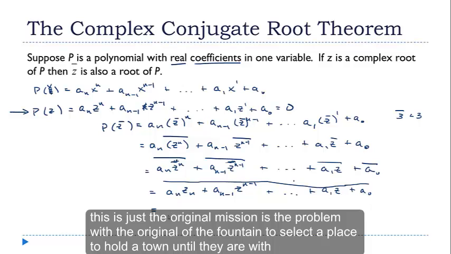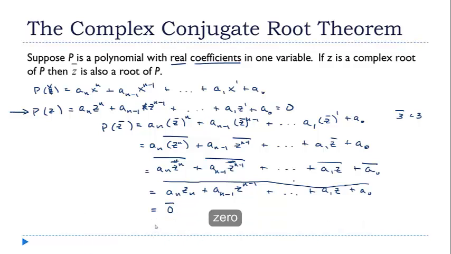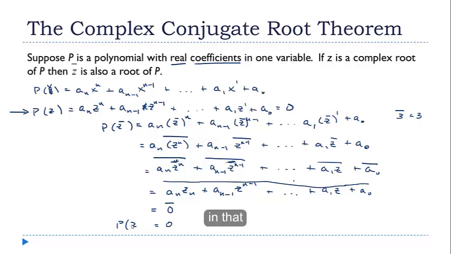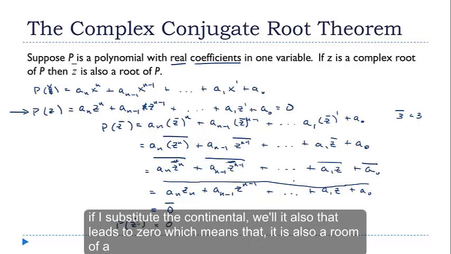So I can replace that whole big polynomial there with 0. And the conjugate of 0, that's a real number. The conjugate of 0 is just 0. And that is what I wanted to show. If I substitute the conjugate into the polynomial, it also evaluates to 0, which means that the conjugate is also a root of the polynomial.